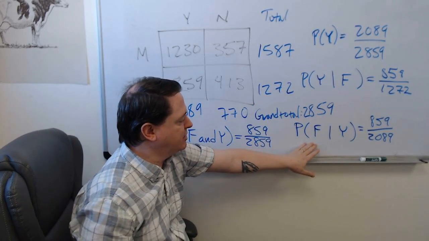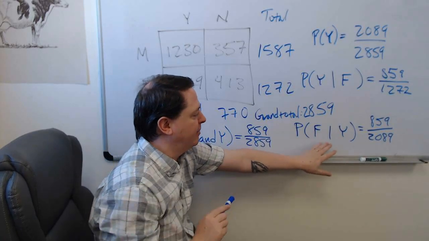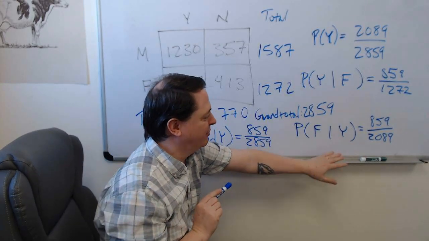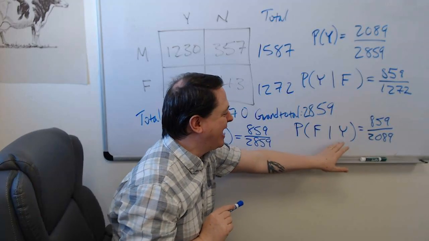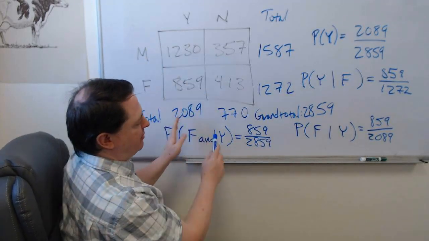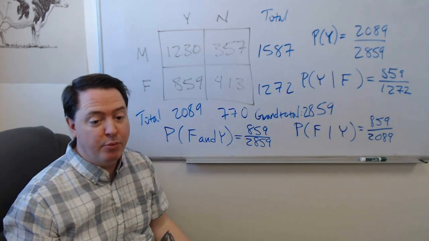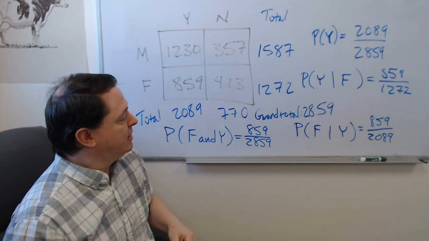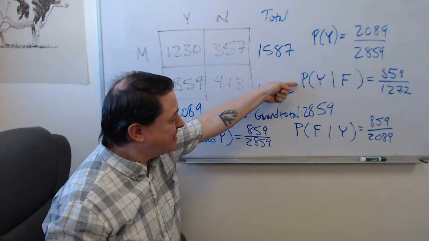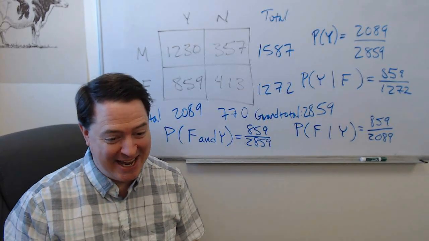And now that I've changed it to be, I'm not assuming they're a woman, I'm assuming they believe in an afterlife. Well, now I've only got however many believed in an afterlife for the bottom. So these two, the difference is which subgroup we're actually looking at. So notice these two numbers are not the same, okay?